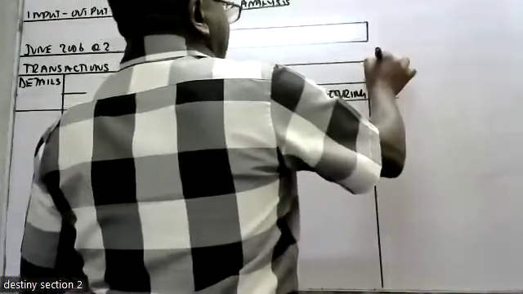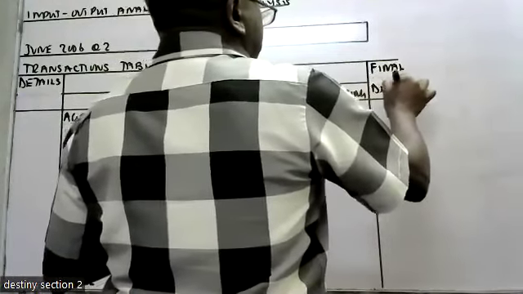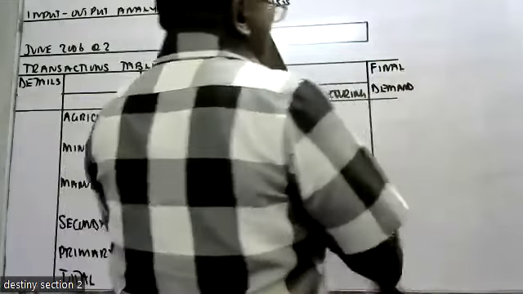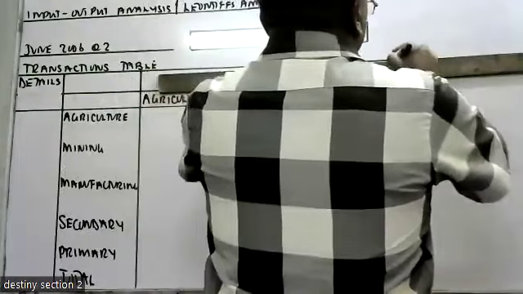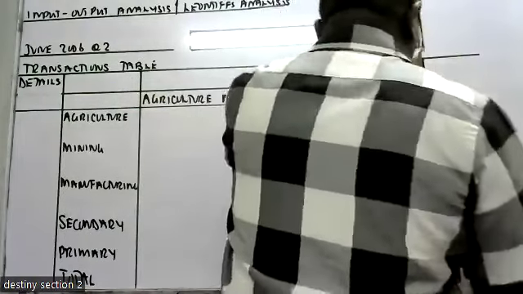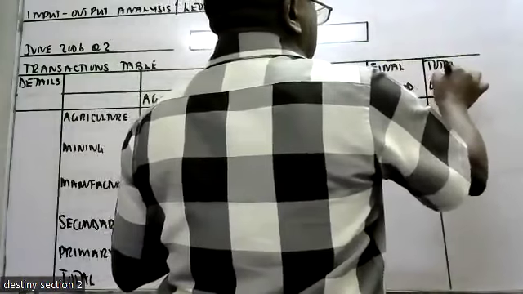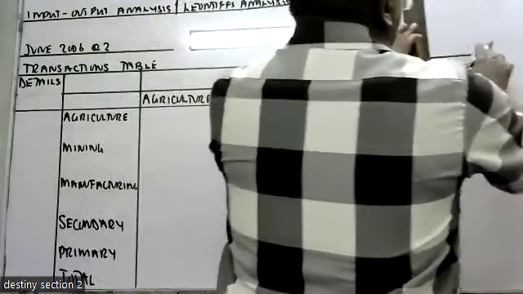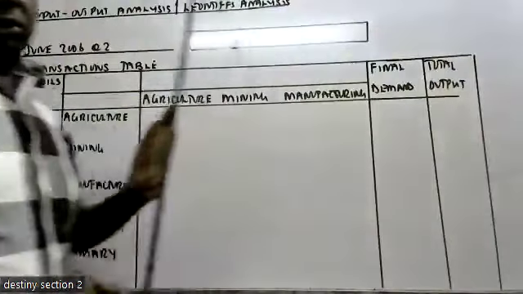Then I have final consumer or final demand. And then I have something called total output.